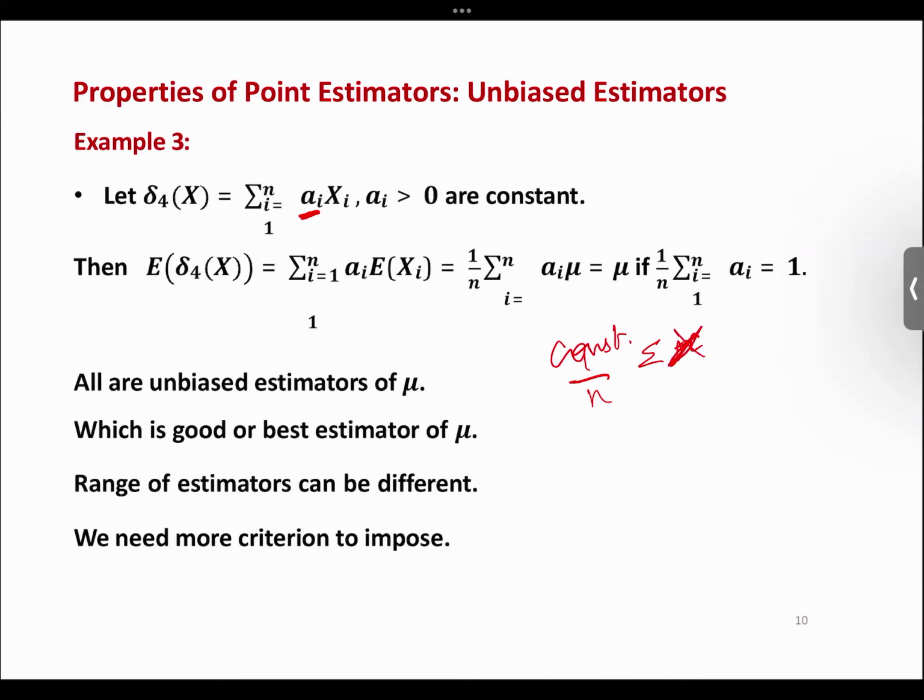Let's say you have x and some constant. When you add up all these, you'll have n numbers, so n by n into the constant. If the constant is equal to 1, this also will be equal to mu, your population mean. The sample estimate will be equal to your population estimate.